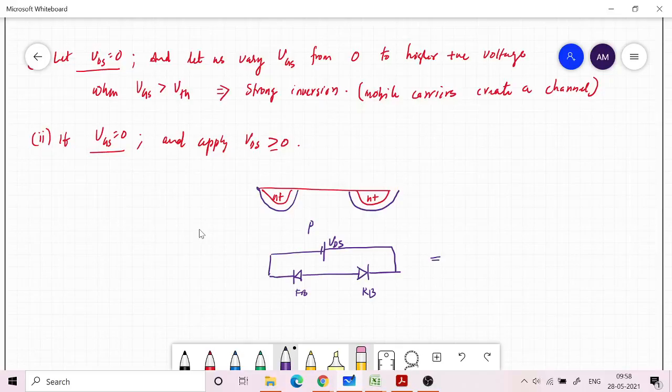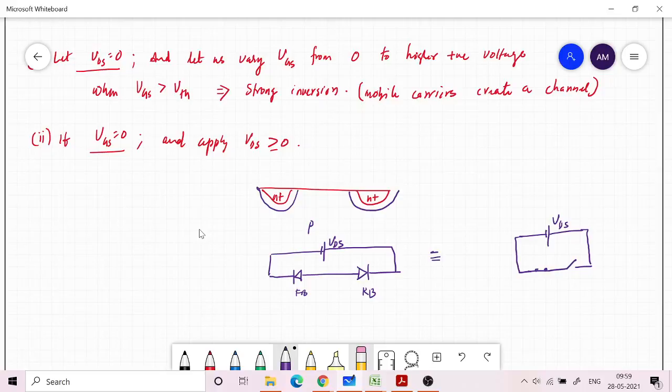Whenever two diodes are connected back to back like this, the one that is reverse biased will be an open circuit, and the one that is forward biased can be replaced with a closed switch. So current can never flow, no matter what VDS you apply, because there is no path for current to flow.